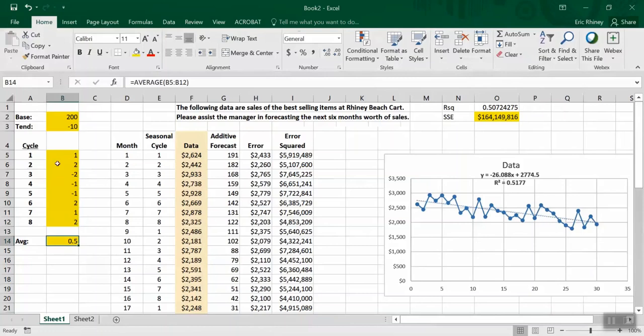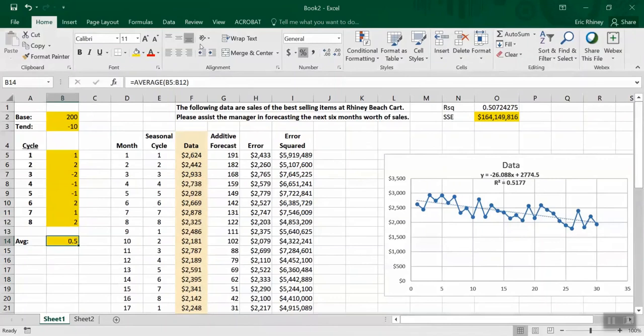So even though each one of these will have an impact, overall, we want this not to have an impact. If we're doing an additive type, the only way that this would not have an impact is if this average were a 0, right? So if we added this into our forecast, it would not have an impact. So we want this overall average to be 0. So we're going to use Solver.